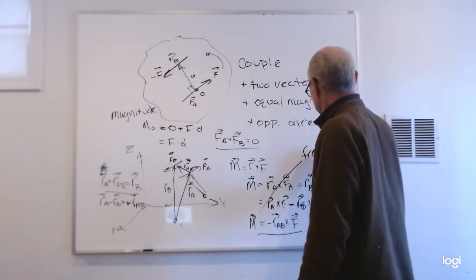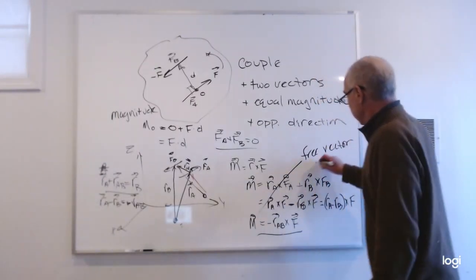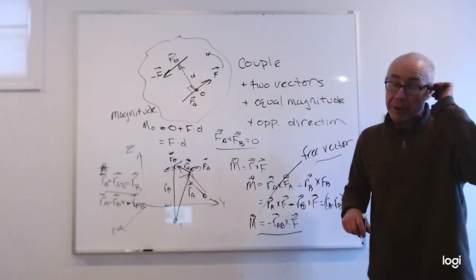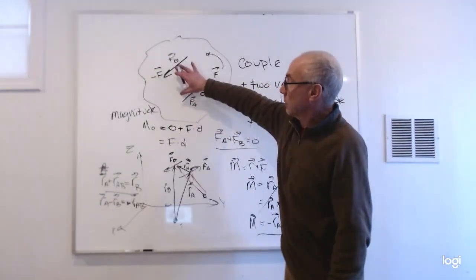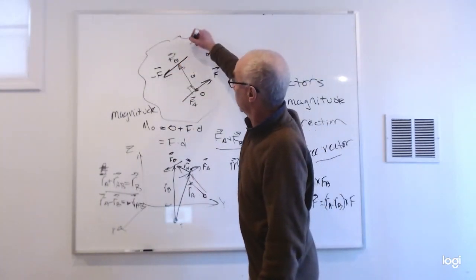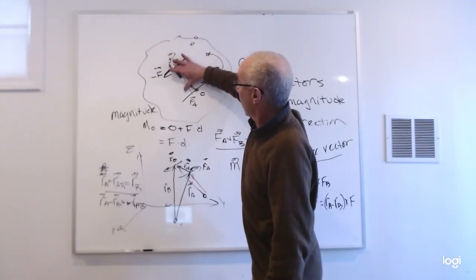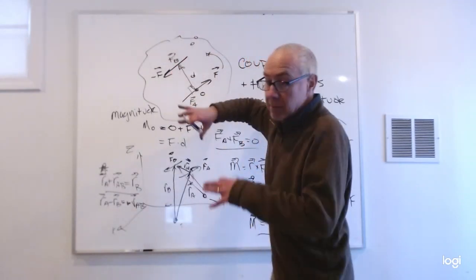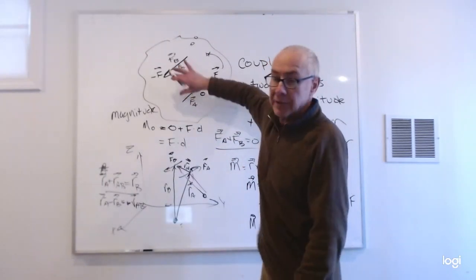A free vector, which means that we can apply the moment anywhere on that object. So we have a couple like this one. I can say this moment could be at that location, O, and it also causes a moment of the same magnitude at any other location on that object.